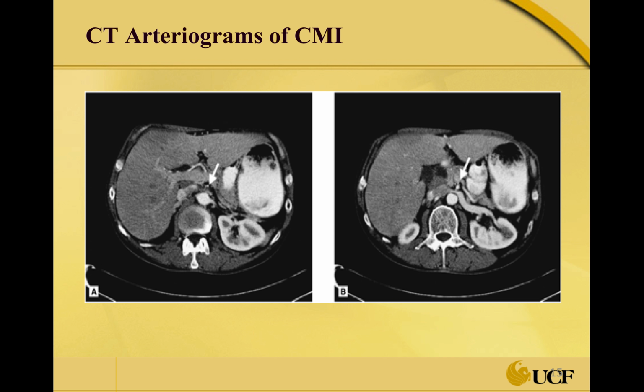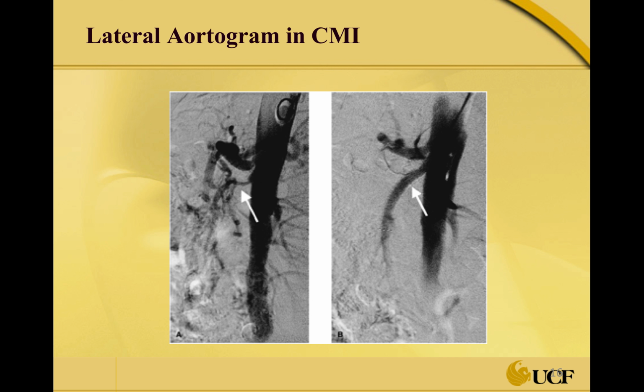So interesting, this CT study. If we further evaluate this patient with a lateral aortogram, you will see in a patient with chronic mesenteric ischemia, on the left side of your slide, in slide A, there is a moderate stenosis in the proximal superior mesenteric artery as shown with the arrow.